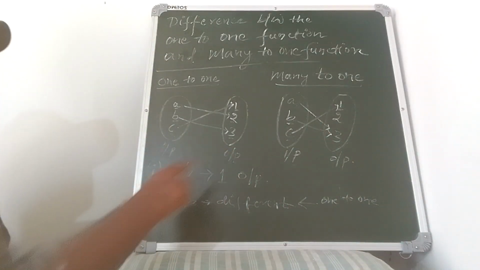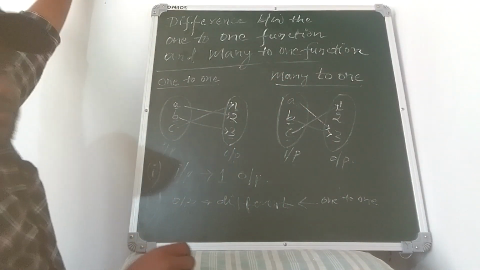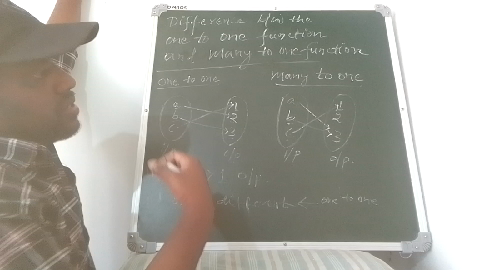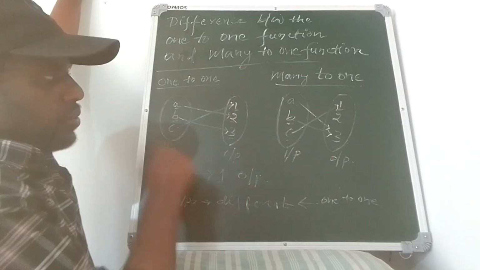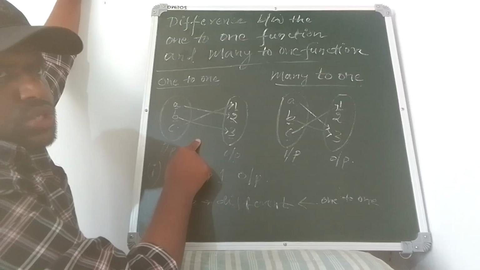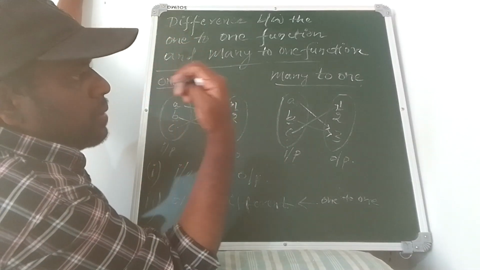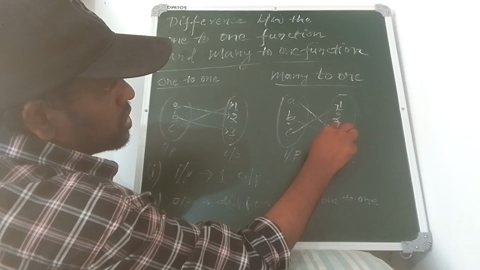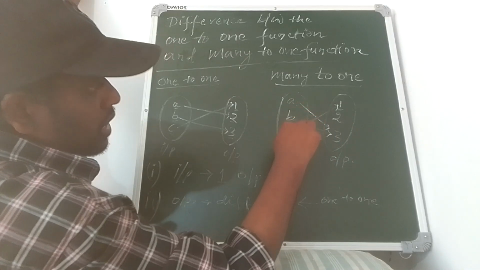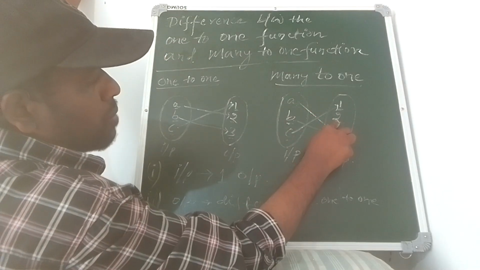Okay, now come to the many-to-one function. As I already said, each input has exactly one output, similar to this. But you can see here 2 is not mapped from any of A, B, C. I mean there is no arrow mark.